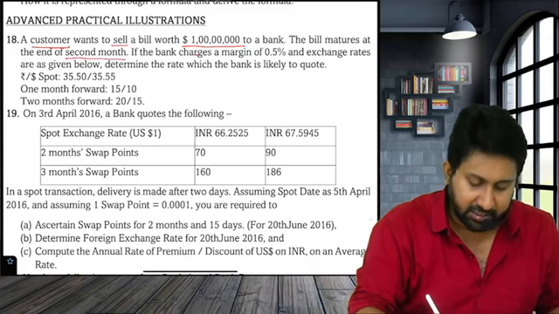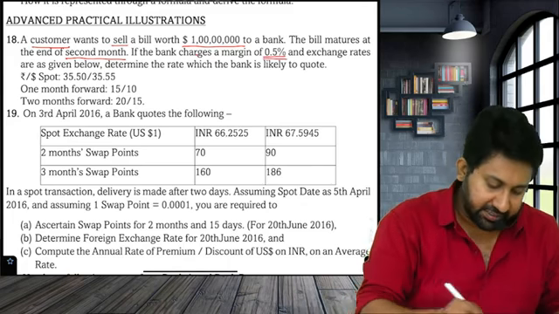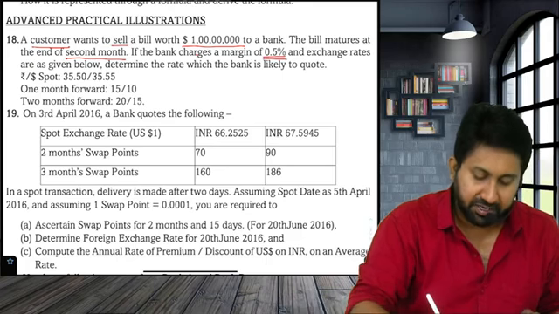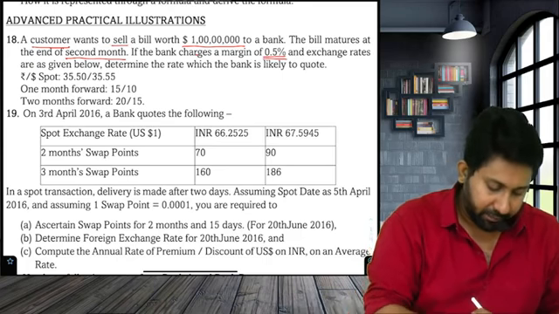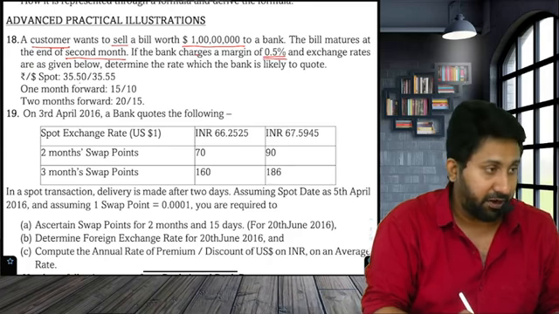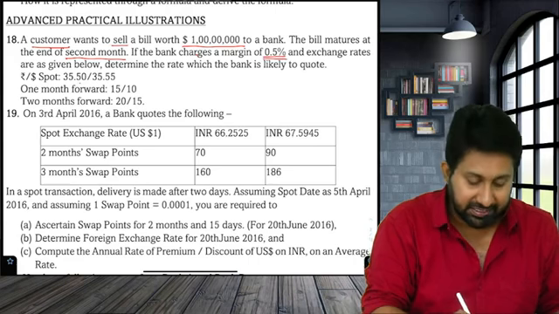If the bank charges a margin of 0.5% and the exchange rates are as given below, determine the rate at which the bank is likely to quote. Rupee by dollar spot 35.50-35.55. 1 month forward 15 and 10, which means it is given in descending order.